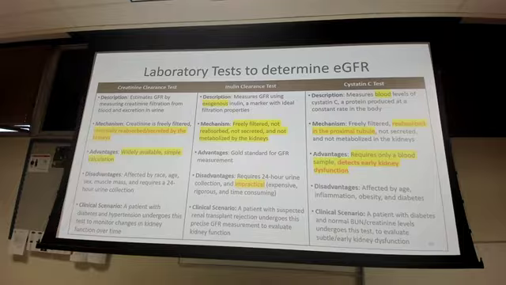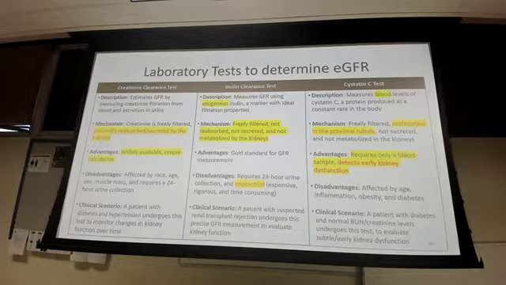The inulin clearance and cystatin C are available, but for the sake of you all, the creatinine clearance test is what you'll see. The rest of these are a little more expensive, and not all labs have the test available. Inulin clearance test does the same thing, and it is the actual gold standard, but a lot of reference labs run it, and not necessarily a clinical lab.